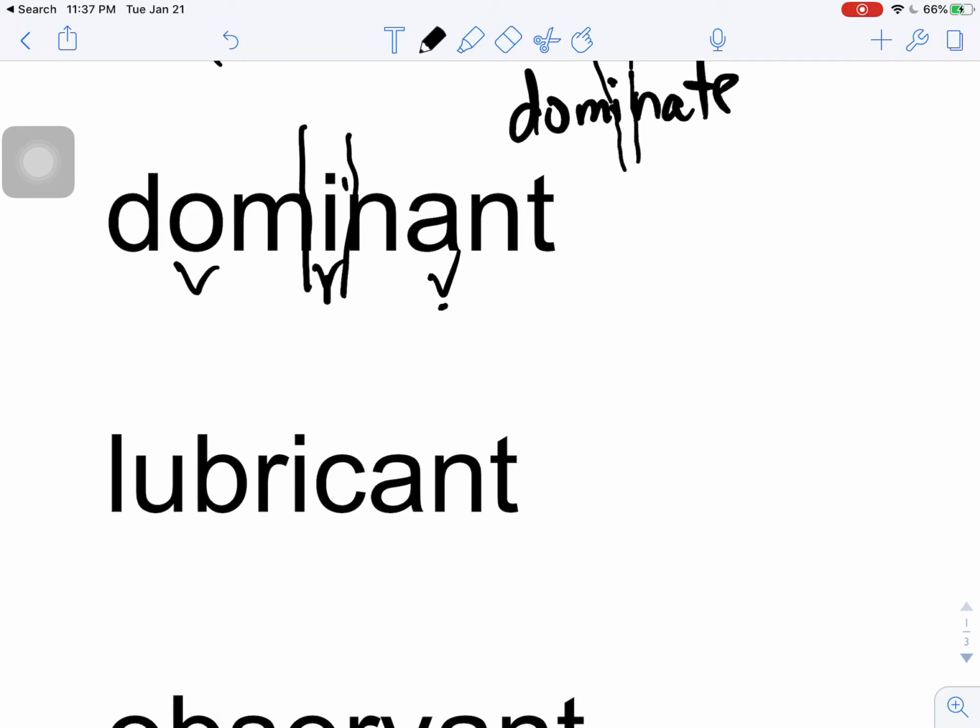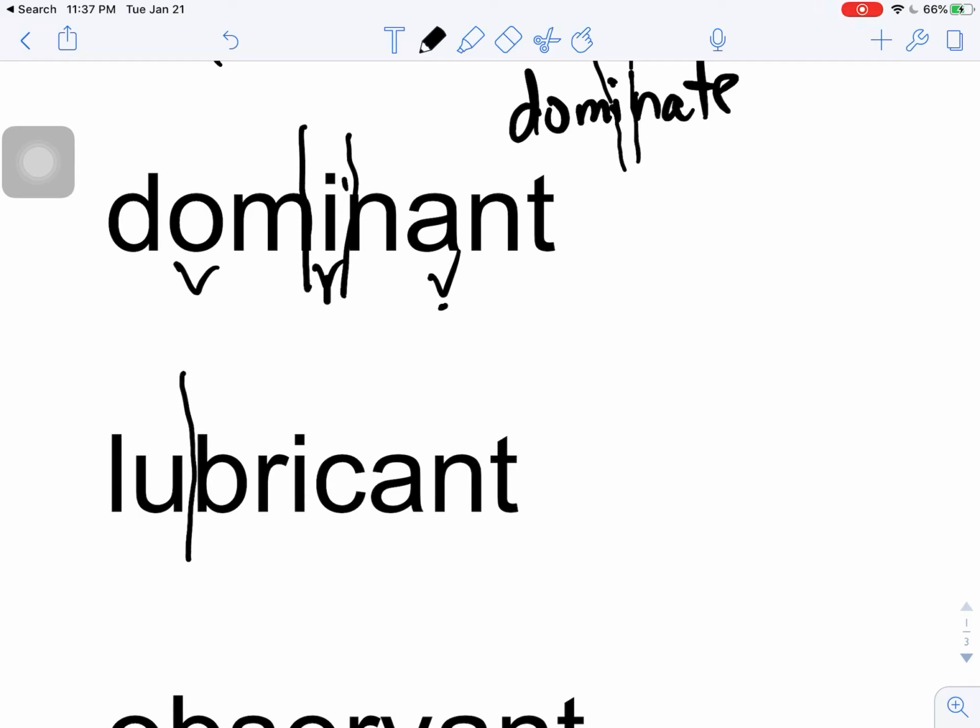But are you being aware of the sounds that are happening so that you can use that to help you read or spell it? Okay, the word is lubricant. If I'm teaching this to spell, I would say lubricant, and I would split it here because I know that U says U at the end of a syllable.